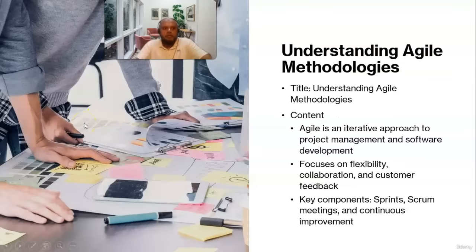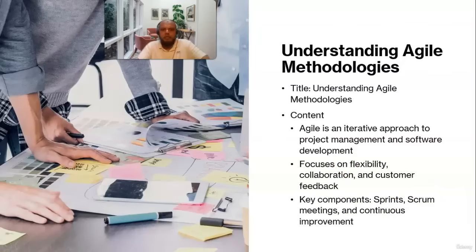Before we get into how ChatGPT fits into Agile, let's quickly review what Agile methodologies are all about. Agile is an iterative approach to project management and software development that emphasizes flexibility, collaboration, and customer feedback.